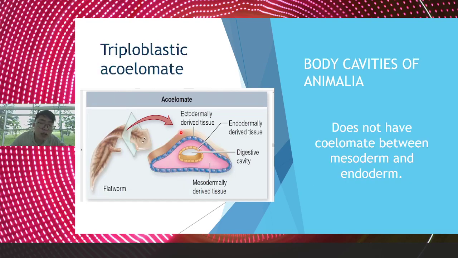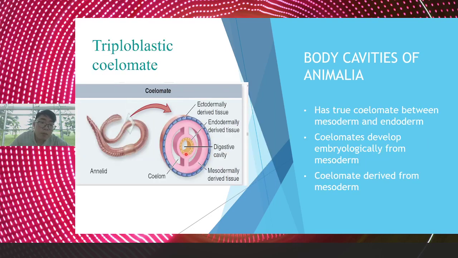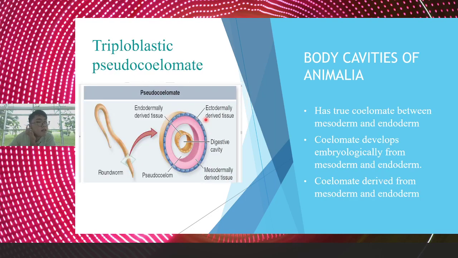So for the triploblastic acoelomate, they do not contain a coelom. You can see this pink color region is totally filled with mesoderm. It does not have any air spaces in the mesoderm. But for triploblastic coelomate, it has a coelom here already. And another one is pseudocoelomate.